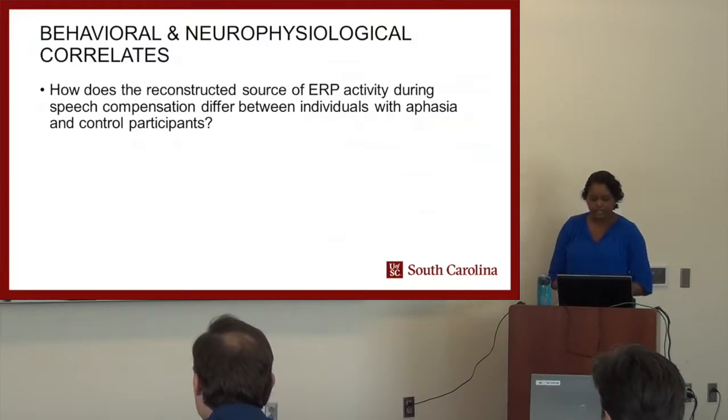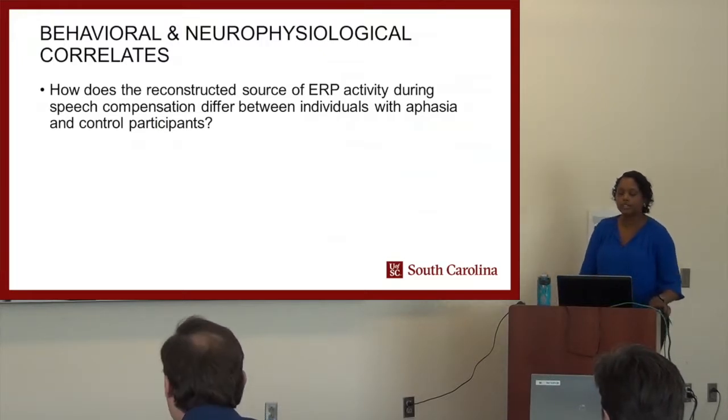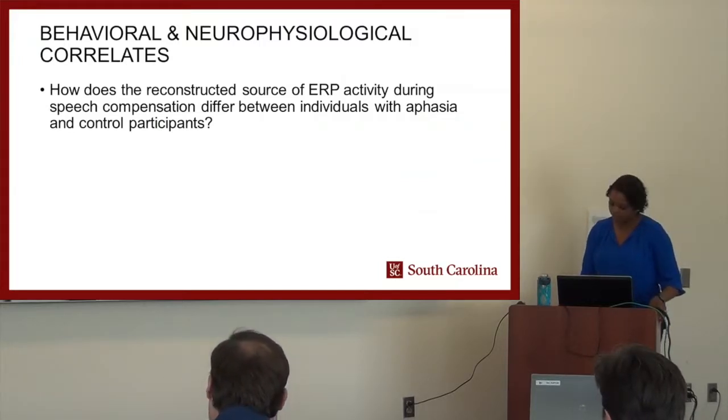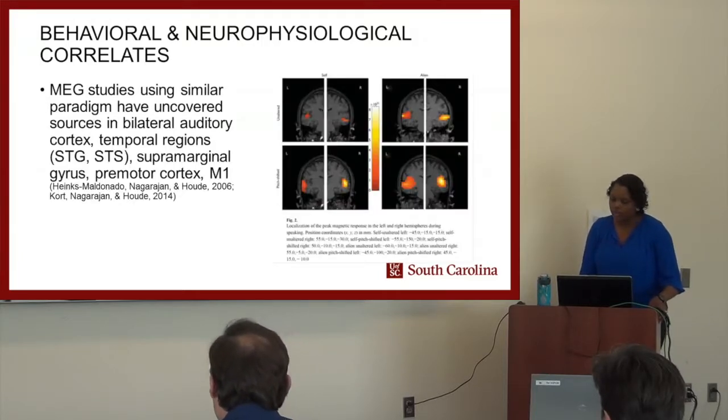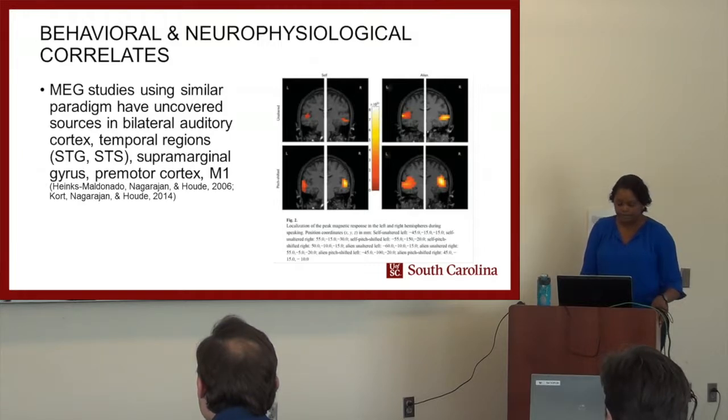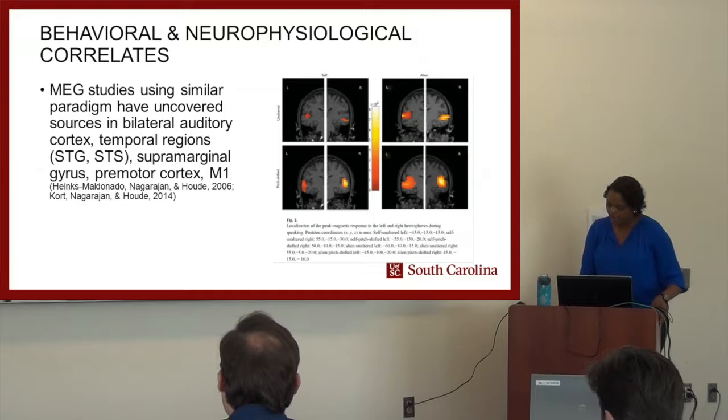And so our final question of this aim was, how does the reconstructed source of this ERP activity differ between our two groups? So once again, there's a couple of studies that have looked at this with controls, but the ones that have done the source reconstruction typically have used MEG, but many of them use a similar paradigm, and they've uncovered sources in bilateral auditory cortex, temporal regions, supramarginal gyrus, premotor, and primary motor cortex.